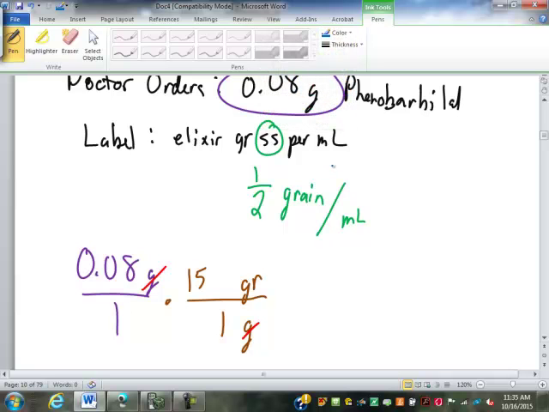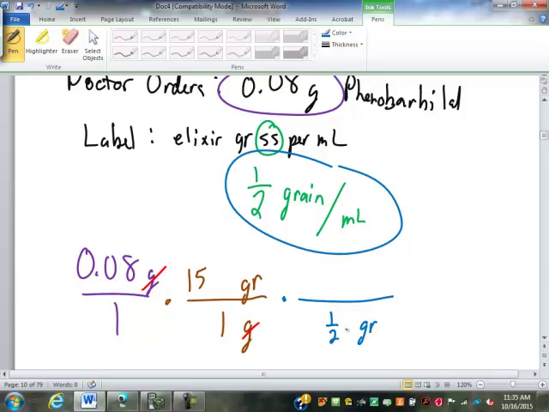Now I can use the information on the label. I've got to get rid of the grains. 1/2 grain equals 1 milliliter. 1/2 grain per milliliter. And now the grains are gone. 1/2 grain per milliliter.